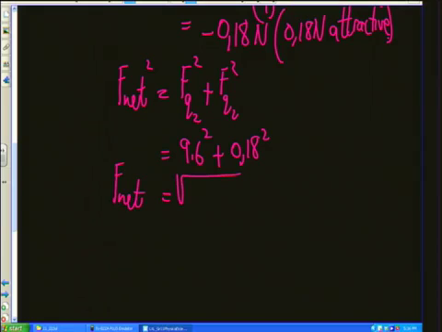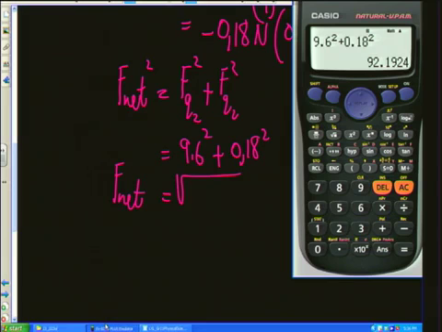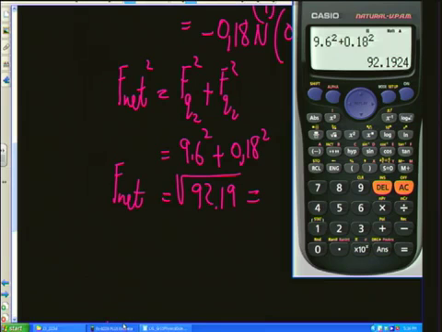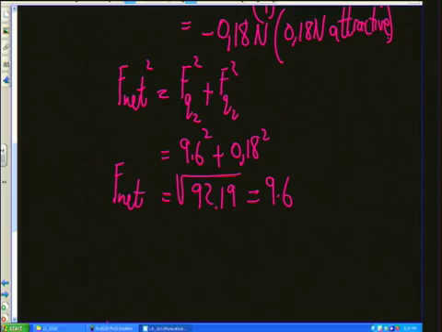Okay, so we square it, of course. That's 92.19. That should be equal to. Okay, back to our calculator. We are to get the square root, so we're getting the square root on the answer. And what will that be? That will be 9.6 newtons. Okay, so that gives us 9.6 newtons.